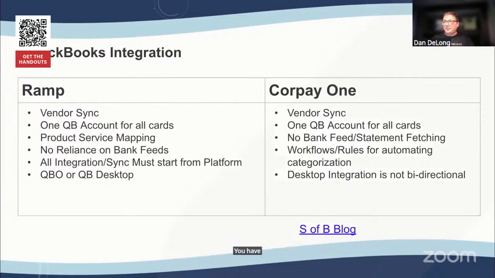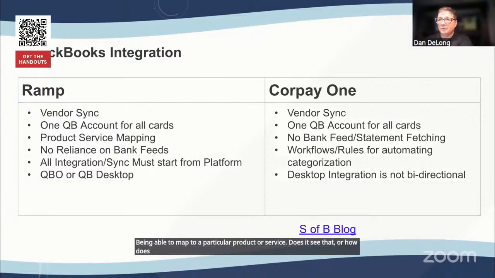Ramp has the ability to do product service mapping, so being able to push bills to QuickBooks so that it actually does go to the product. Talk a little bit about that, Nigel, as far as being able to map to a particular product or service. Does it see that, or how does that work?